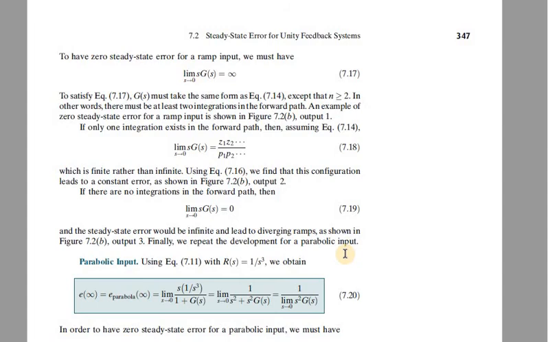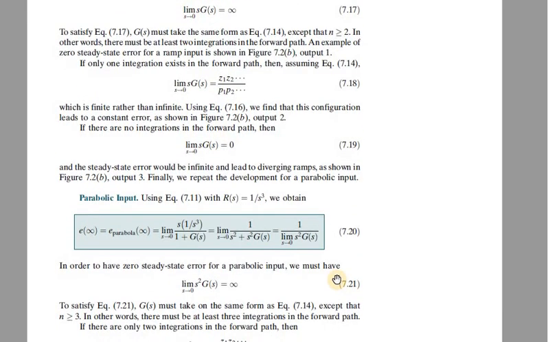integrals. Now we are moving to the third input, that is the parabolic, and we know from table 7.1 that parabolic input is 1 over s cube. Now when we put in 1 over s cube, it becomes 1 over limit s square g of s. For steady state error 0, we need this limit to be equal to infinity.